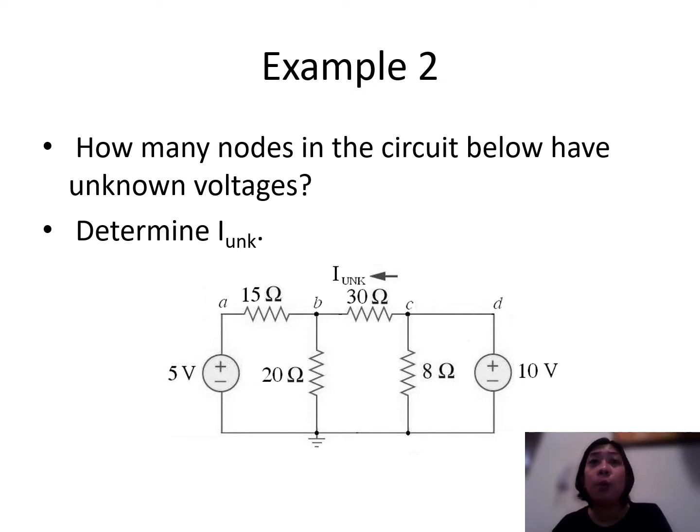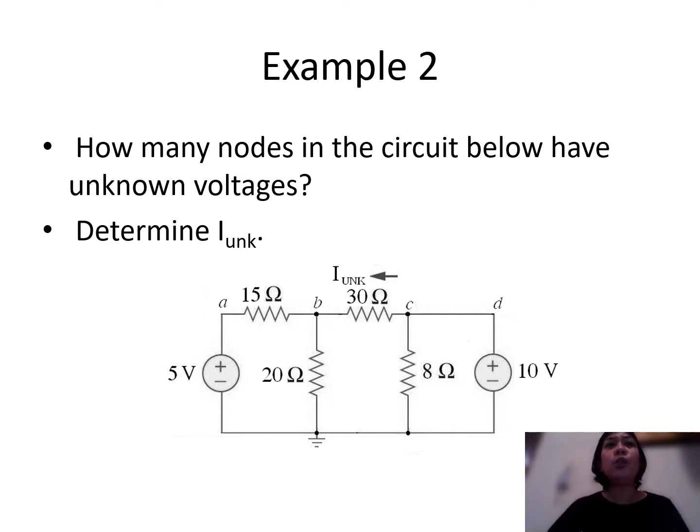And our VD with respect to our ground is directly connected at 10 volts. So therefore, VD is equivalent to 10 volts. Since C is in parallel with VD, we can easily say that your VC is likewise equivalent to 10 volts.